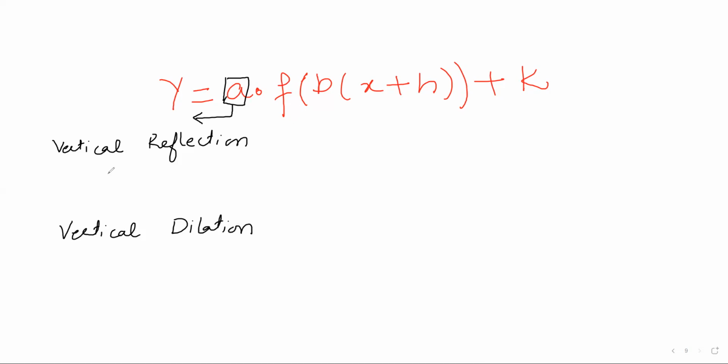So what is the meaning of vertical reflection? What is actually going to happen? We're going to reflect over the x-axis, and for vertical dilation, it's going to affect y values.